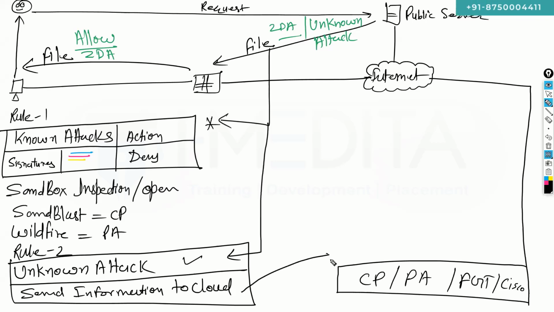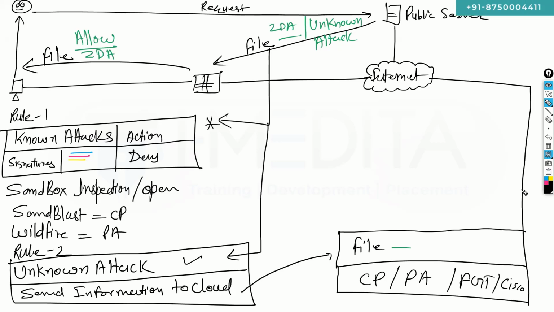This information will be sent to the cloud which belongs to the firewall vendor, meaning Checkpoint to Checkpoint, Palo Alto to Palo Alto, FortiGate to FortiGate. Now the file which contains a zero-day attack will be submitted to the vendor cloud.